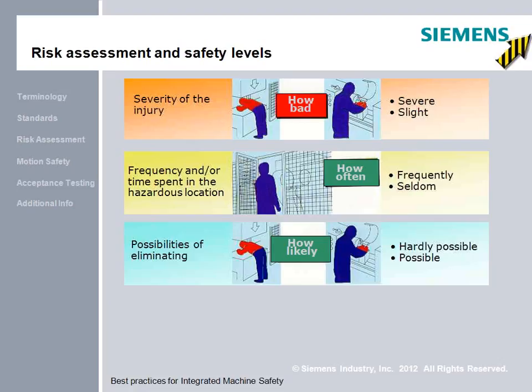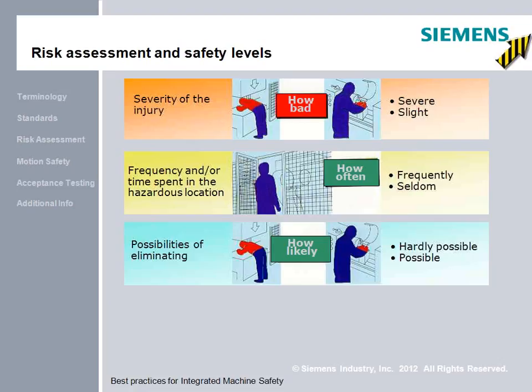What is the frequency, or how often is the human, in this first case the operator or setup person, exposed to that risk? Is it frequent? Is it seldom? And then how can we eliminate or avoid the risk? If it's a slow-moving machine element, then it's probably very likely I can avoid that risk.